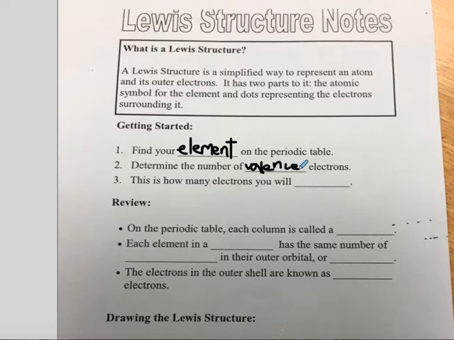If you've been studying Quizlet, you'll remember that valence electrons are the electrons in the outermost shell.